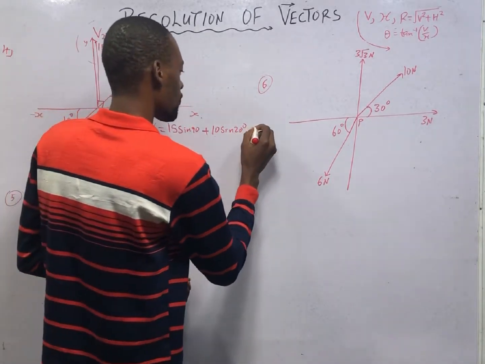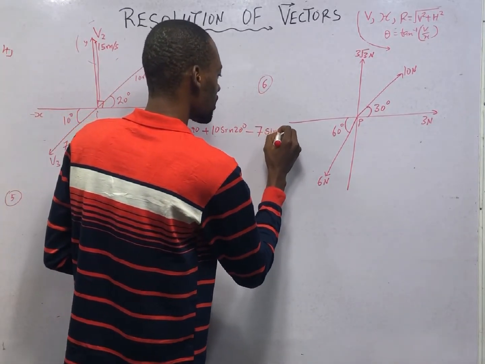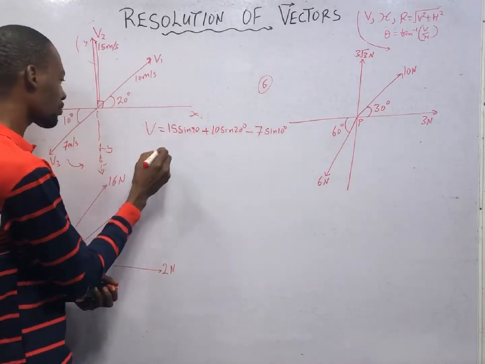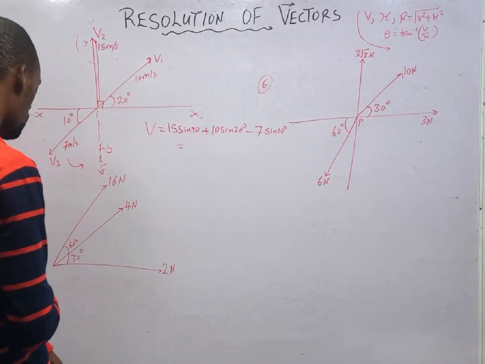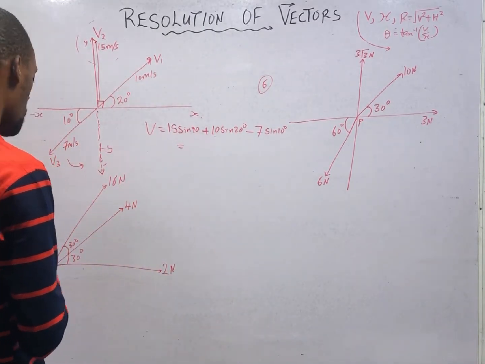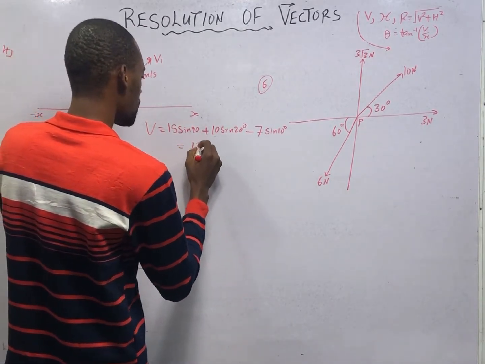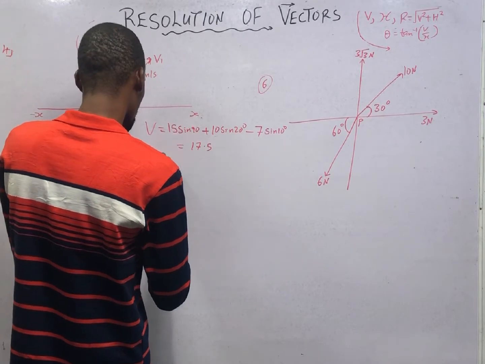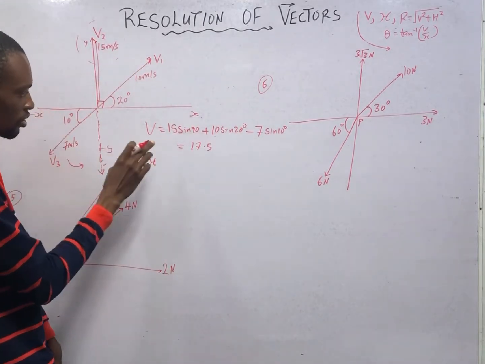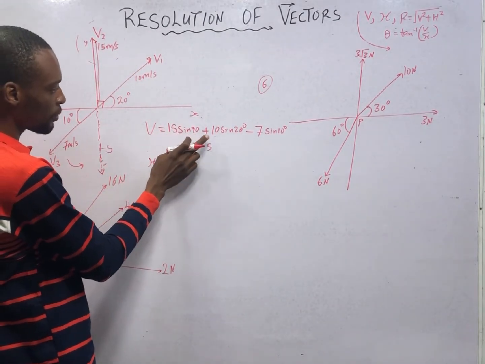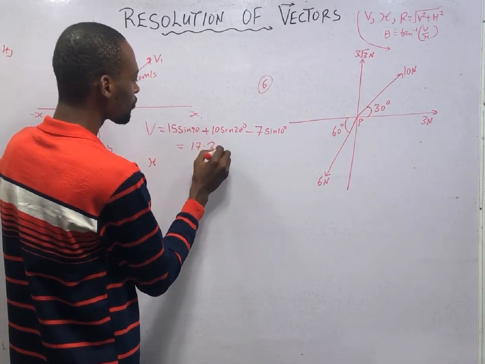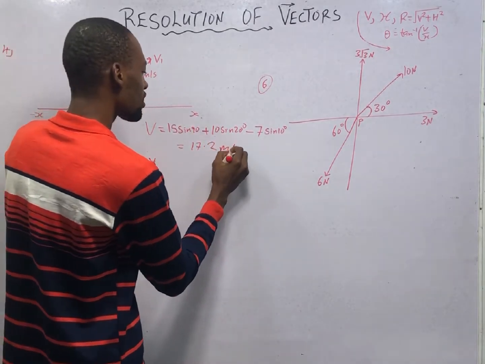So minus 7 sine 10 degrees. That is the vertical component of the force. This will give you 17.5 if I am correct, according to my calculation. 15 sine 90 plus 10, 17.2 meters per second.